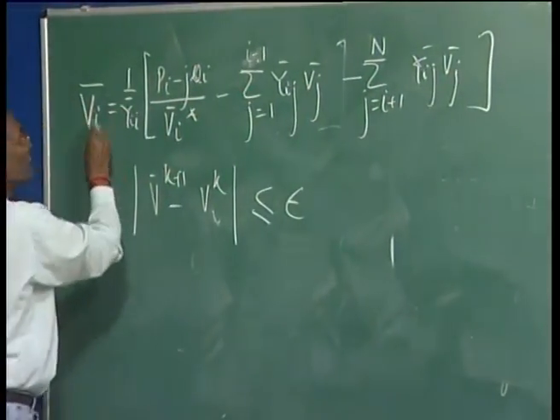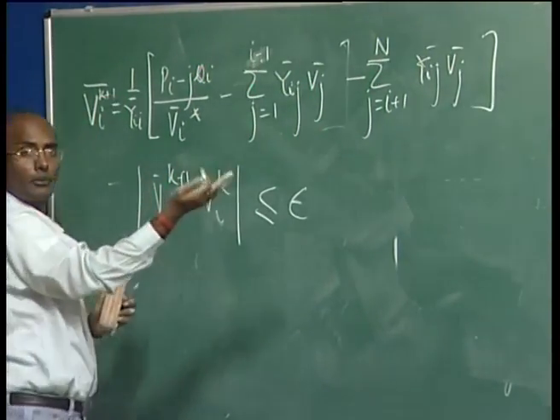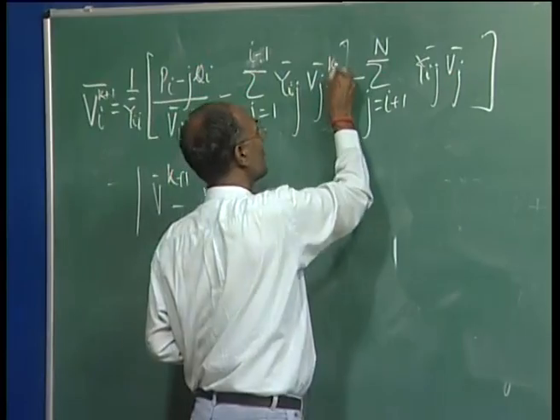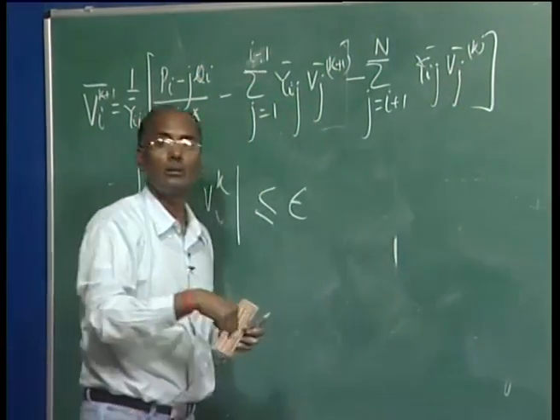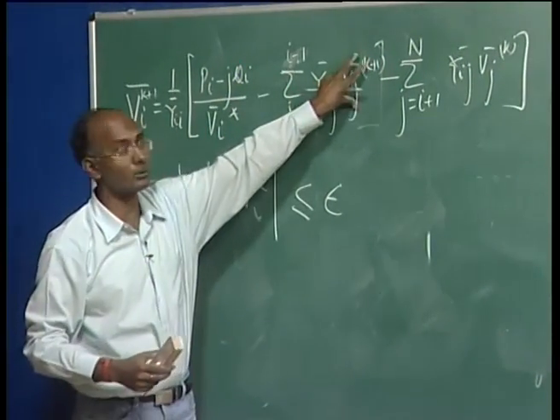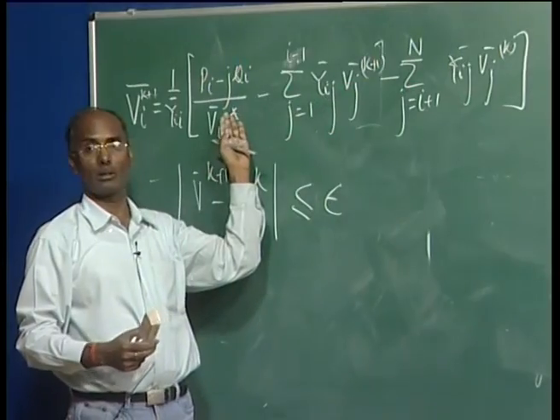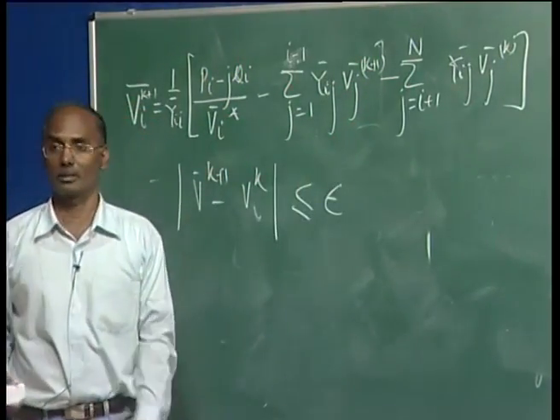If you want to calculate the k plus 1 value, before calculating you already know the k plus 1 iteration values for the earlier buses, just calculated in the same iteration, and the remaining you do not know. So this is called the Gauss-Seidel method.